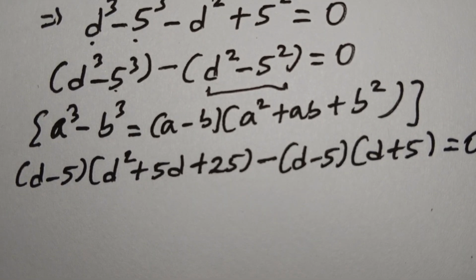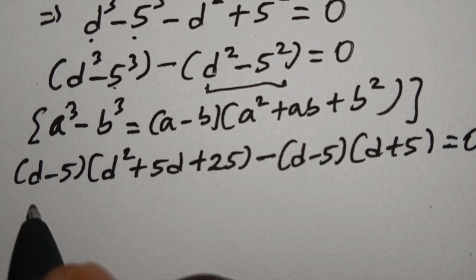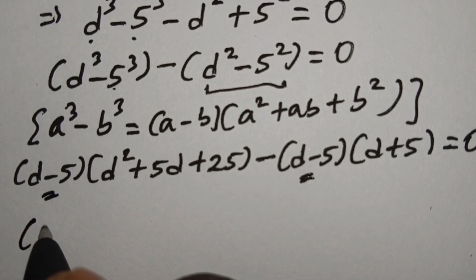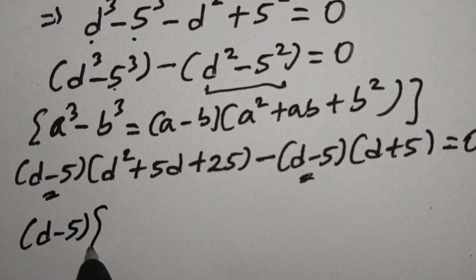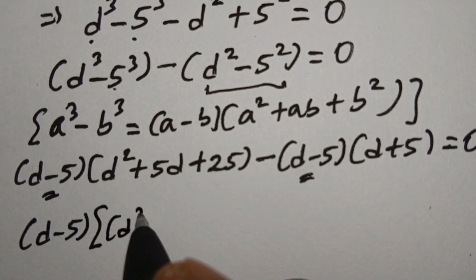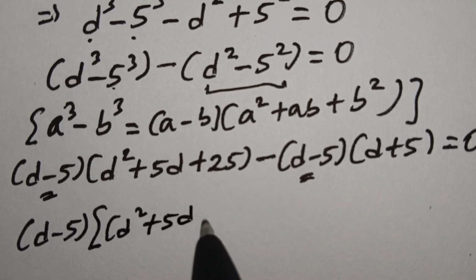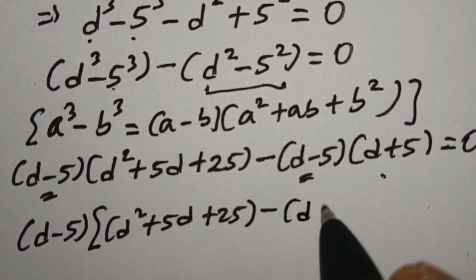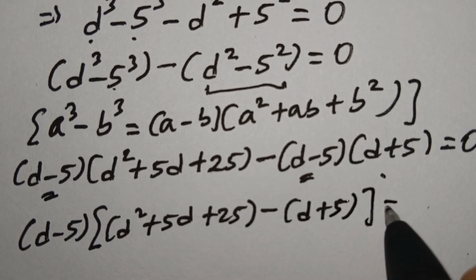Let's continue. You will notice that D minus 5 is common. We can pull it out. So we have D minus 5 into D square plus 5D plus 25 minus D plus 5 equal to 0.